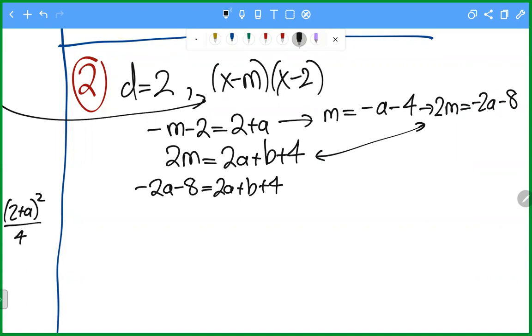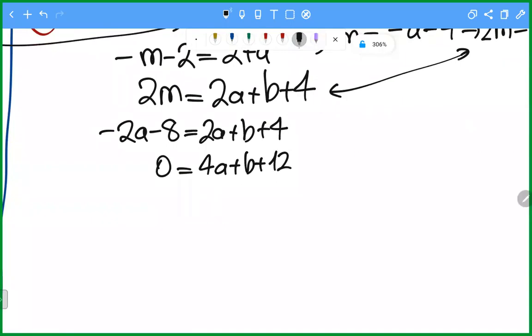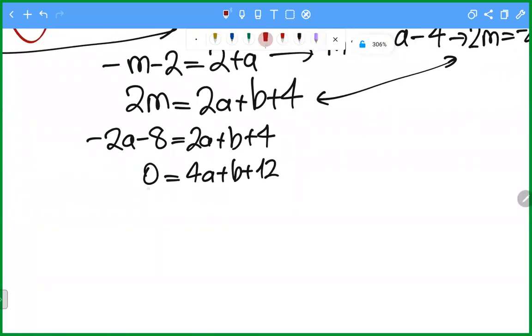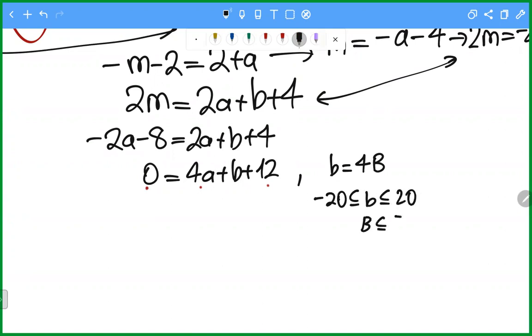When I move everything to the right-hand side, I obtain 0 equals 4a plus b plus 12. Since those three numbers are multiples of 4, b has to be a multiple of 4. So let's write b equals 4 times capital B. Now, since b is between negative 20 and 20, capital B has to be between negative 5 and 5.